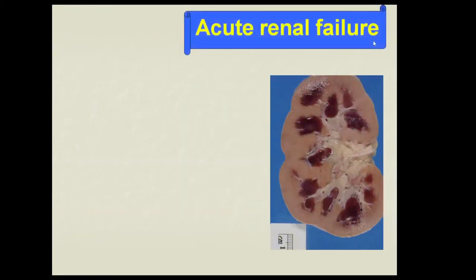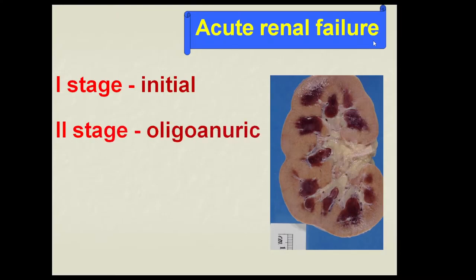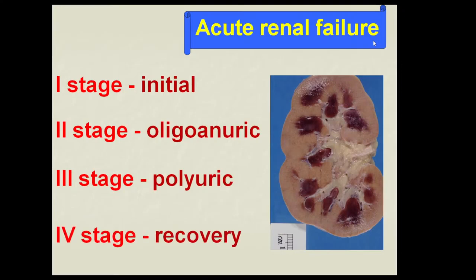Now let's stop on the development of acute renal failure, which appears due to some acute situation. The initial stage may be invisible. Then the second, progressive stage, characterized by progressively decreased diuresis, the oligoanuric period. If the process is positive, the patient can go to the polyuric stage and a long recovery period.